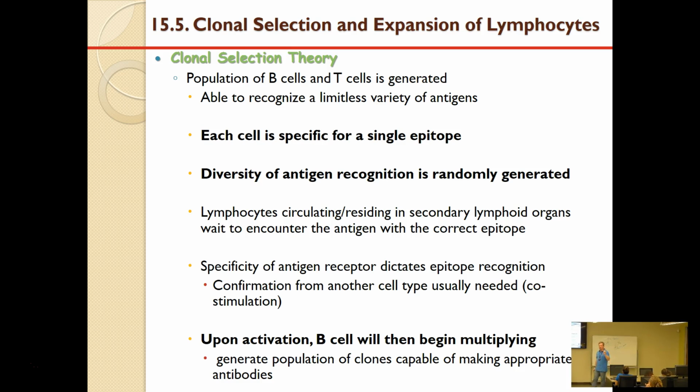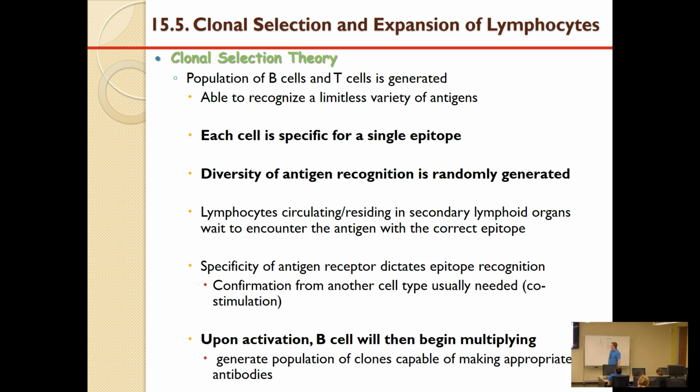Remember the epitope is those 10 amino acids. Diversity of antigen recognition is randomly generated. There's really no explanation for why the hematopoietic stem cells make this T cell today, this B cell tomorrow. It just ends up being the way that evolution designed the system.